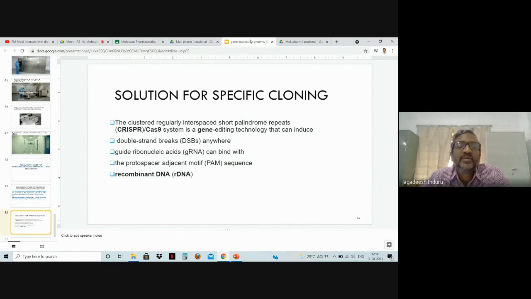Later onwards, we have the PAM site on the double-stranded DNA. We need to cut from the top and bottom sides, and in the same place we can use a ligase enzyme to introduce the specific segment you already synthesized from the PCR process, making it available so that you can produce rDNA technology. So this is a foolproof technique to introduce precisely, nowadays using the CRISPR-Cas9 system.